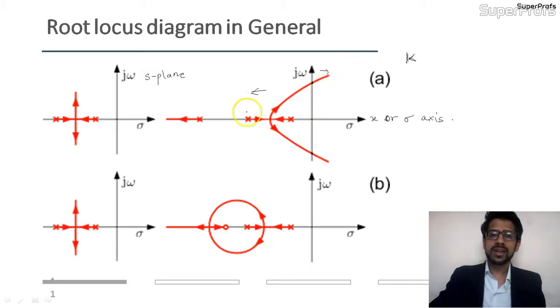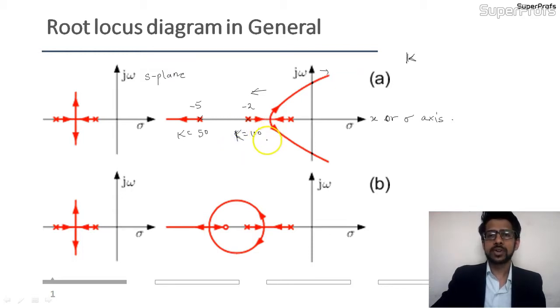Also you know that, say, if this particular pole value is -5 and for this particular pole value this is -2, let us say for K equal to 50 we have this value, and for K equal to 100 we have this value. This is just an example.